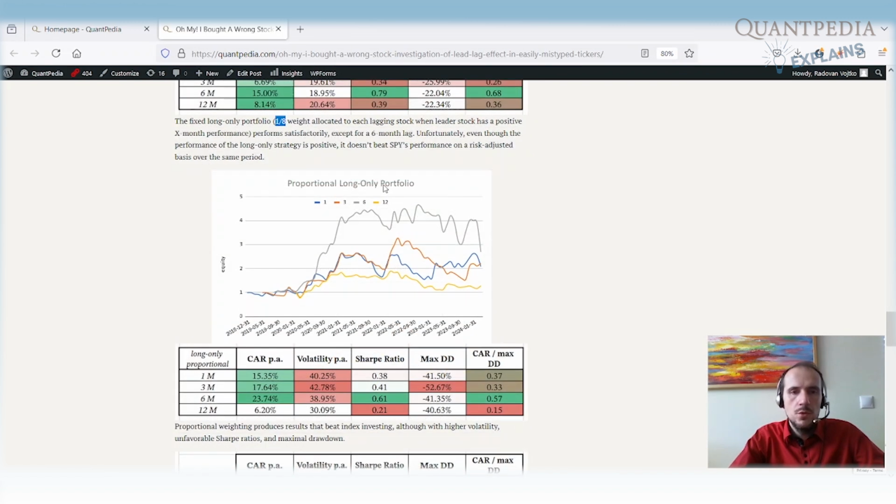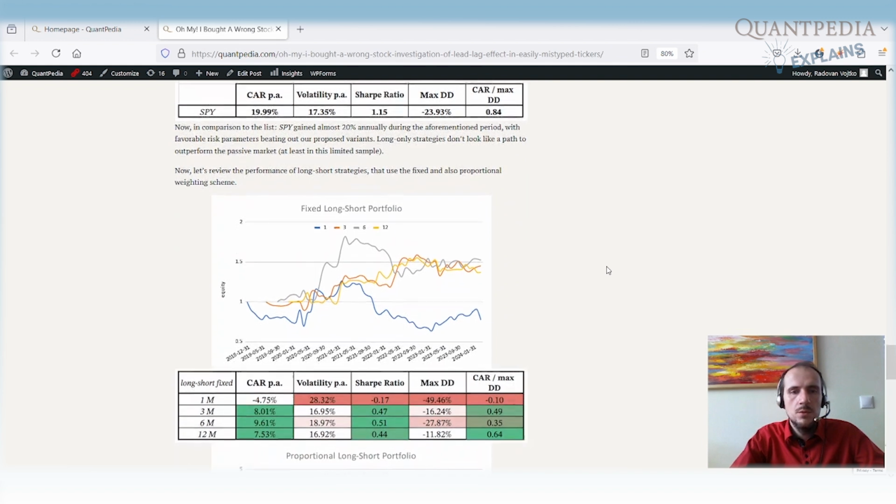When we do the proportional long only portfolio, the pattern is plus or minus the same, so there was a significant jump in the performance in 2019, 2020, and after that, the portfolio is plus or minus flat. Of course, the portfolio is significantly more volatile because we are giving higher weight to the stocks. So if we have just 3 stocks in the portfolio, we put 33% weight into each stock and not 12.5%.